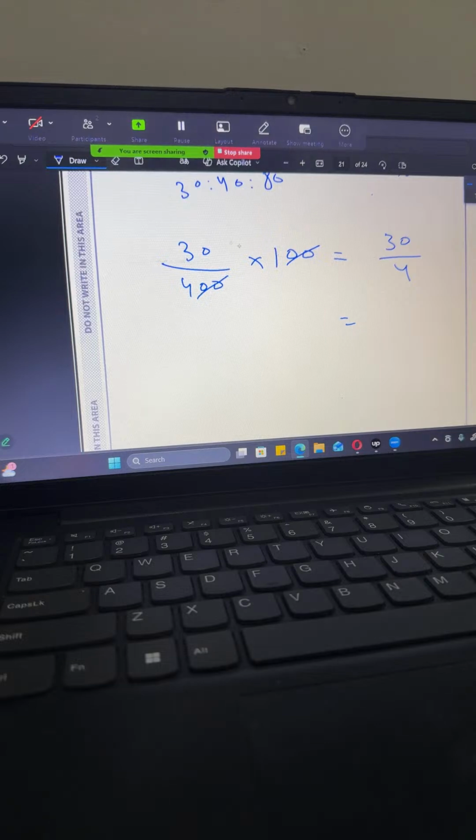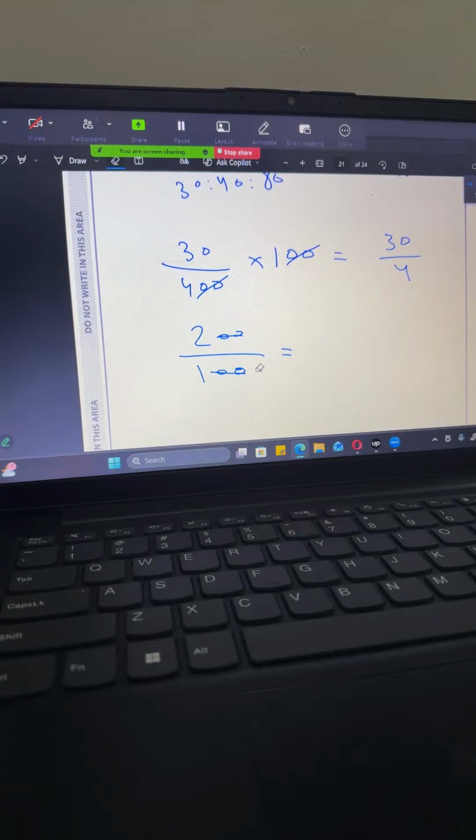Okay, whenever you see something like 200 divided by 100, what is going to be the answer? 2, right? So we can just cancel out the zeros and we are left with 2, right? This is known as mental math.